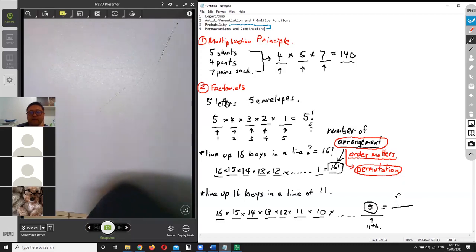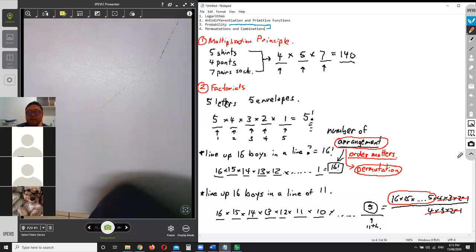I'll give you a hint. 16 times 15 times ... 5 times 4 times 3 times 2 times 1. I'll divide by 5 factorial. So we just want this bit. Got it? And then this bit here, the 4 times 3 times 2 times 1, has to cancel with that, so that all we're left with is just that, right?